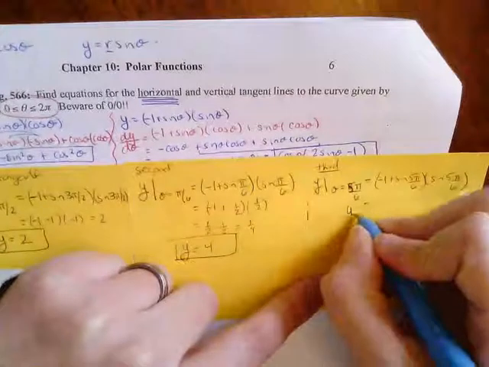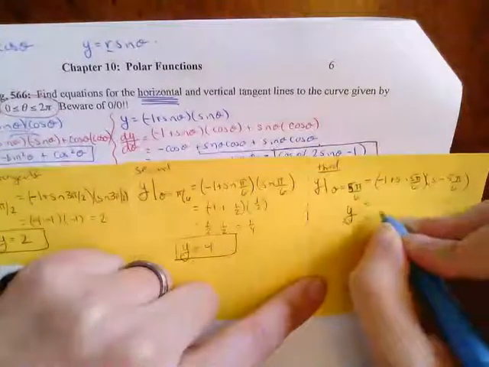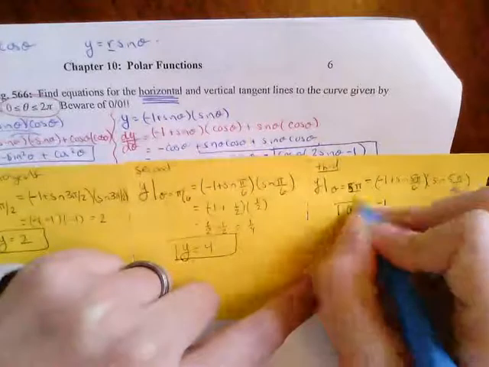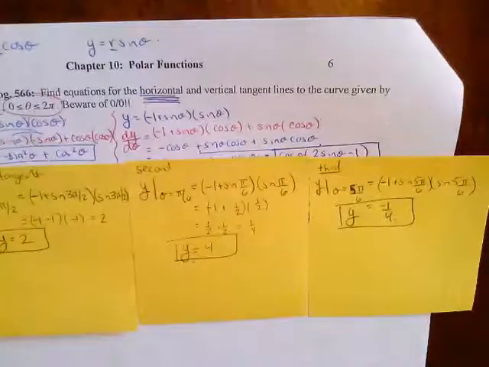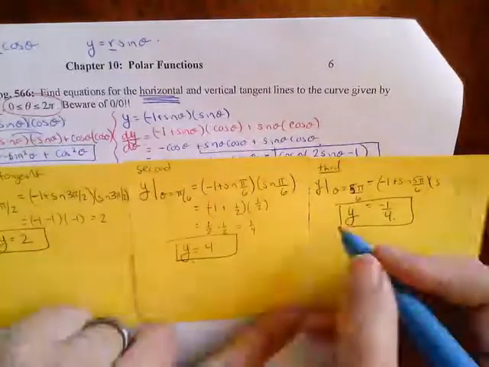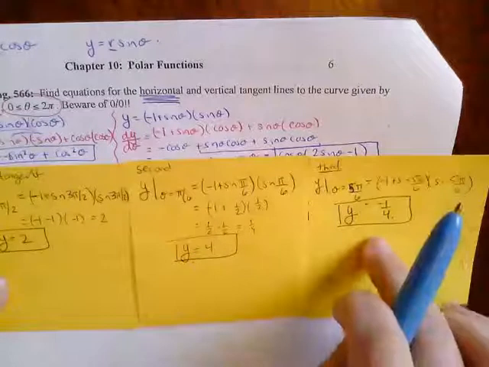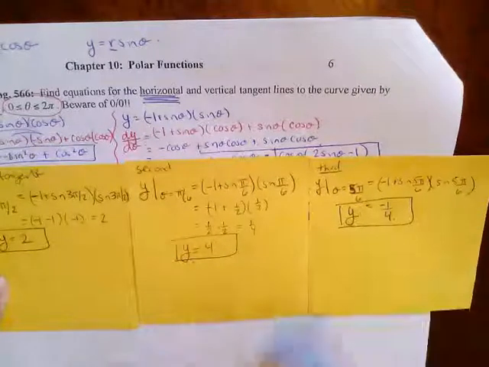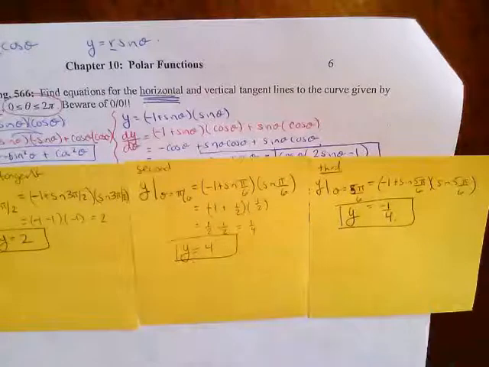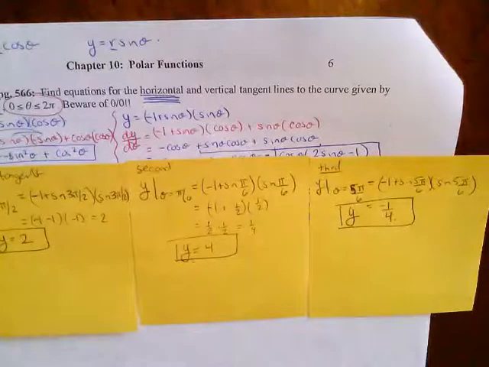And we get y equals -1/4. So my 3 horizontal tangent lines are at y equals 2, y equals 4, and y equals -1/4.